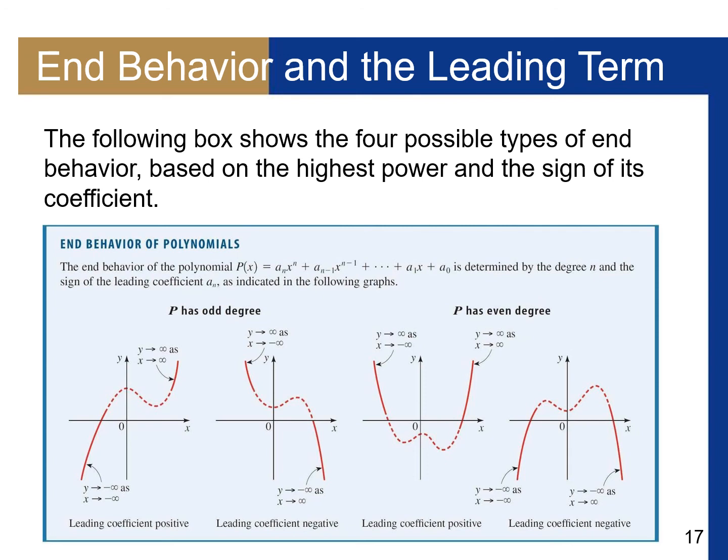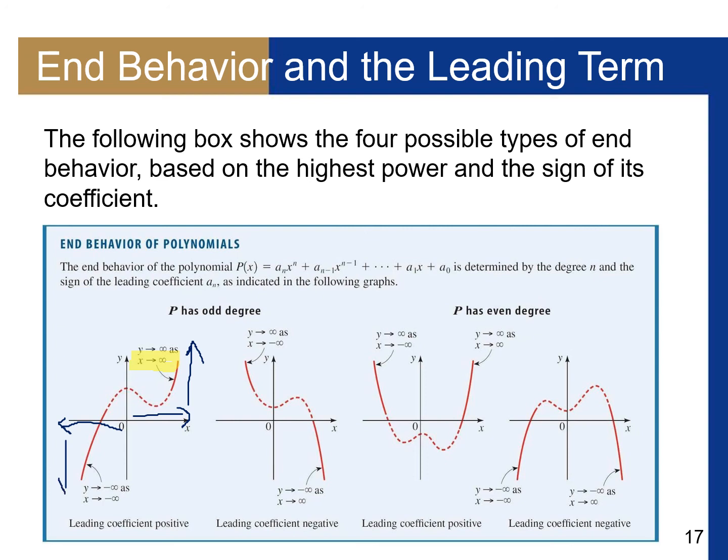All right, these are the 4 possible types of end behavior. So here is the first one. This would say as x approaches infinity, which means as x would get larger this way, then y approaches infinity. Y would get larger this way. Over here, as x approaches negative infinity, which means x will go this way, then y also approaches negative infinity.